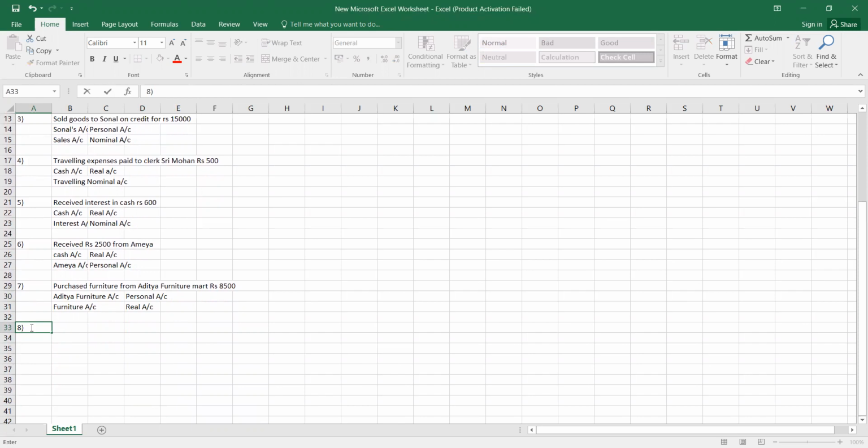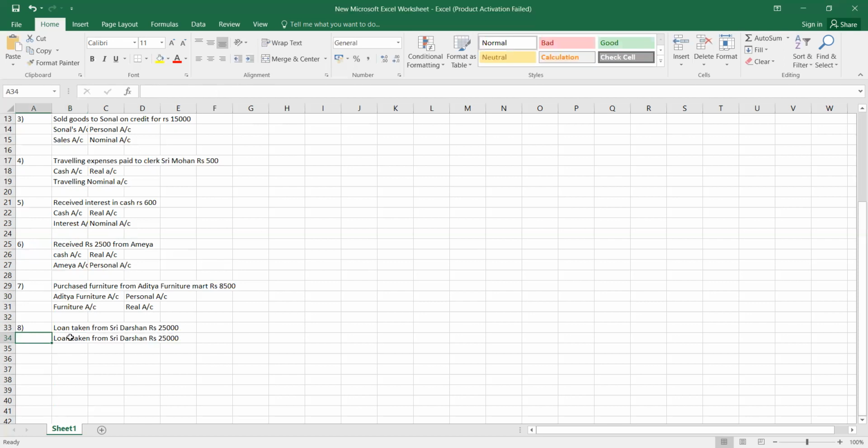Loan taken from Sri Darshan, rupees 25,000. Okay, now you have taken a loan. So the first account will be loan from Sri Darshan account.